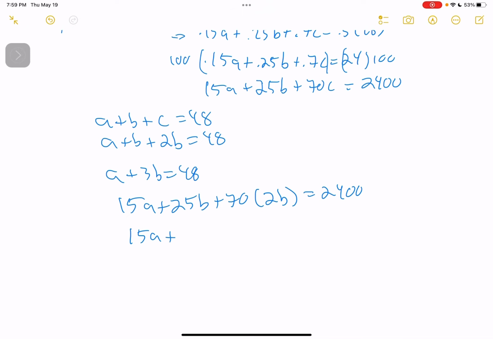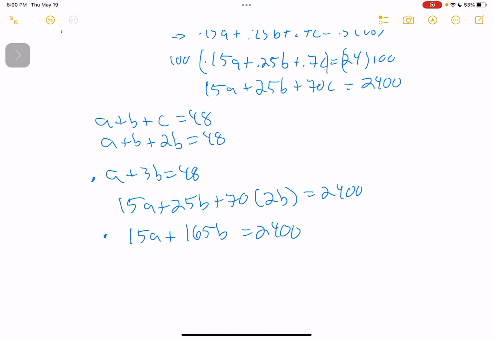So 70 times 2 is 140 plus 25 is 165B equals 2400. So now if you look at this equation or this equation, there are 2 variables, 2 unknowns, and 2 equations. So we can solve this because they're not multiples of each other.